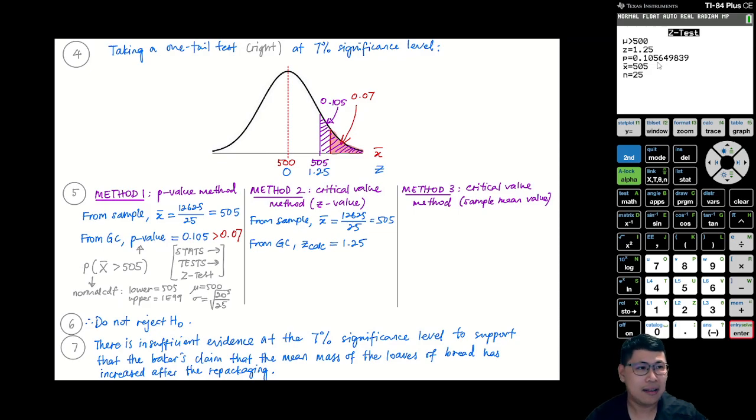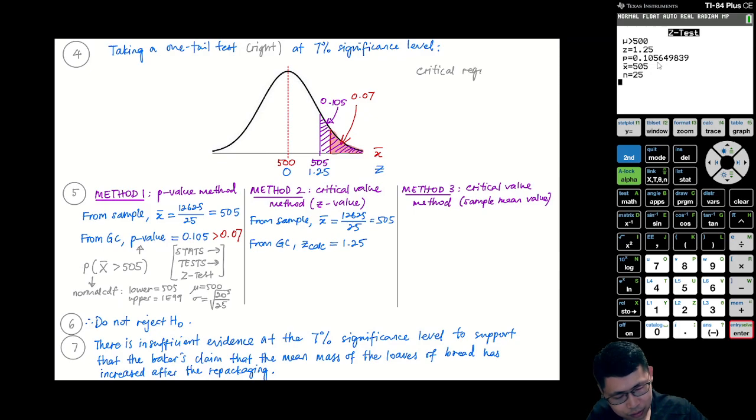Now, after knowing my 1.25, technically speaking, I will need to check where is my critical region. So actually, before this, I need to add one more step. I need to find what is my critical region if I'm doing method 2. Maybe let me write this on the right hand side instead.